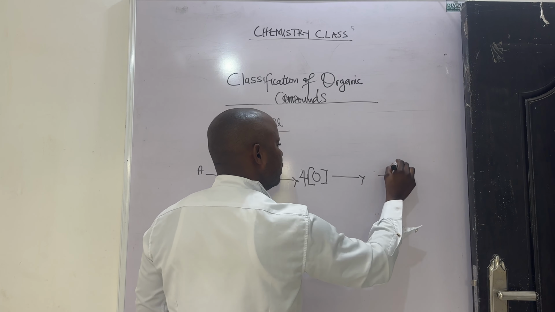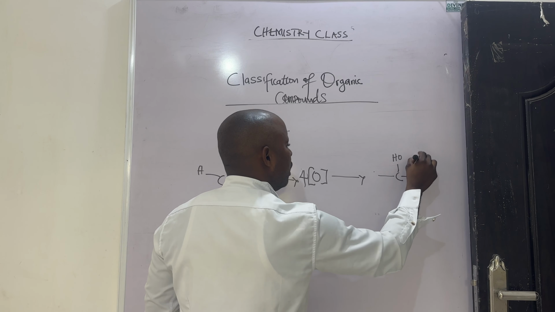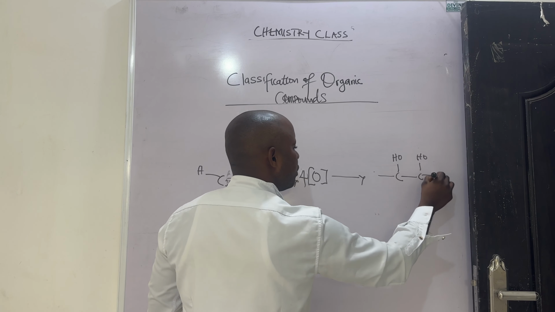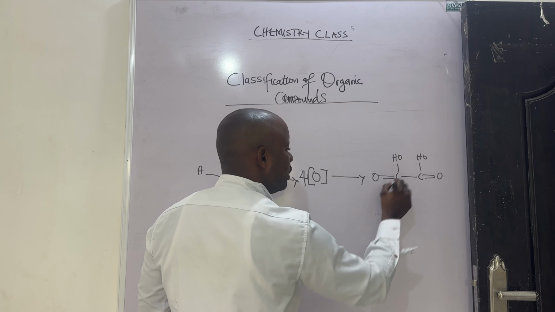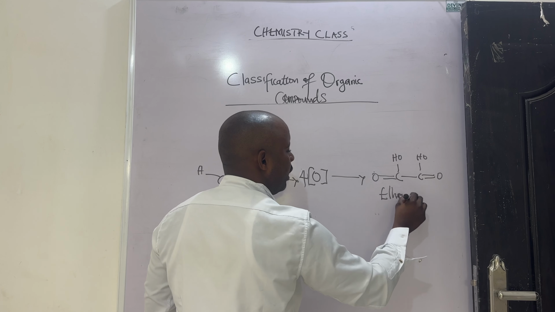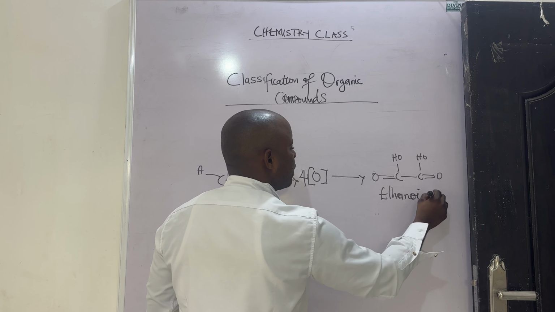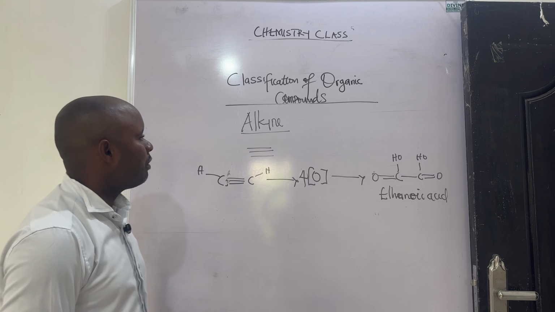I'm going to have this, HO, the hydrogen bonded to oxygen. So it will give ethanoic acid as well. This is a very important reaction this alkyne family can undergo.